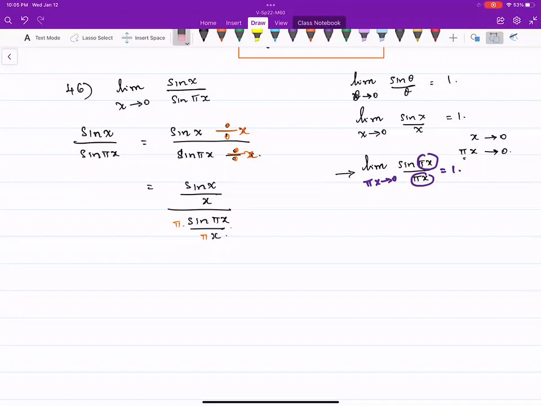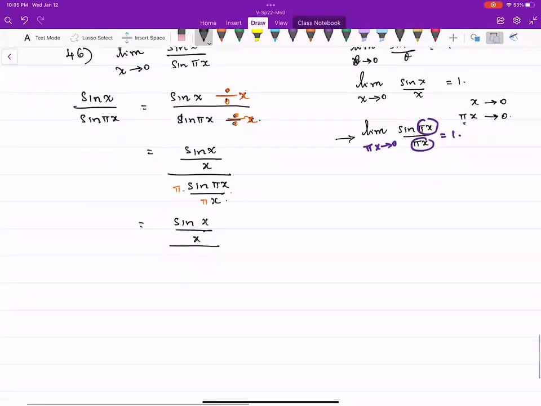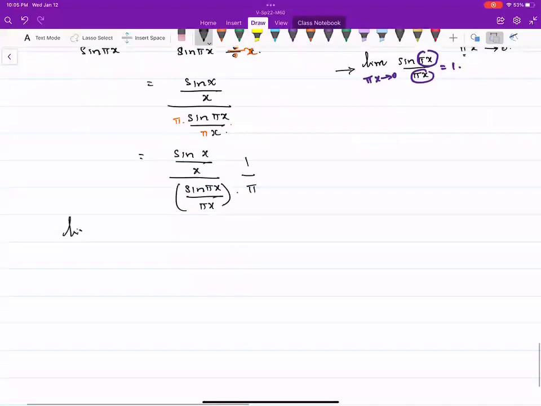So you multiply and divide this expression by pi. Okay. So now what happens here? I have sine x over x, and then I'll have sine pi x over pi x, then times pi in the denominator. Now I apply the limit.